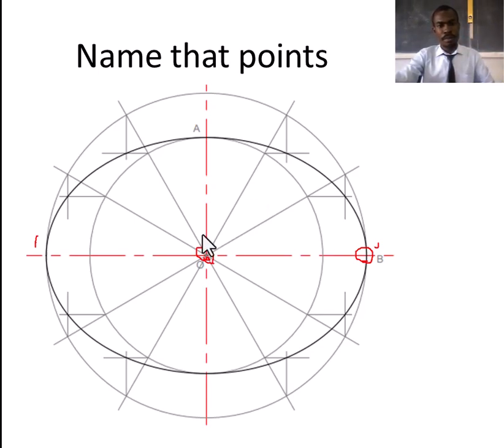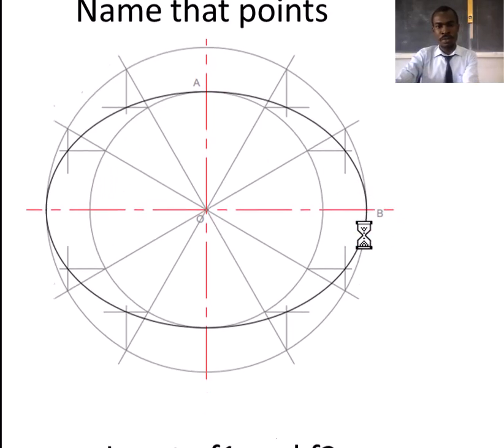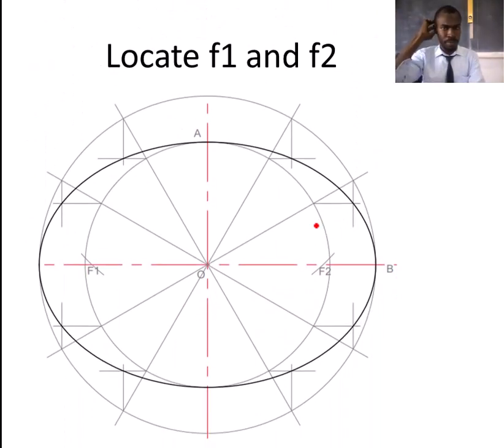Then you name the minor axis, where the ellipse passes the minor axis, as point A. It doesn't matter if you put it here or on the other side. Again, this method also applies if the ellipse is oriented in the vertical way. So once you name the points, we'll go to the next step.